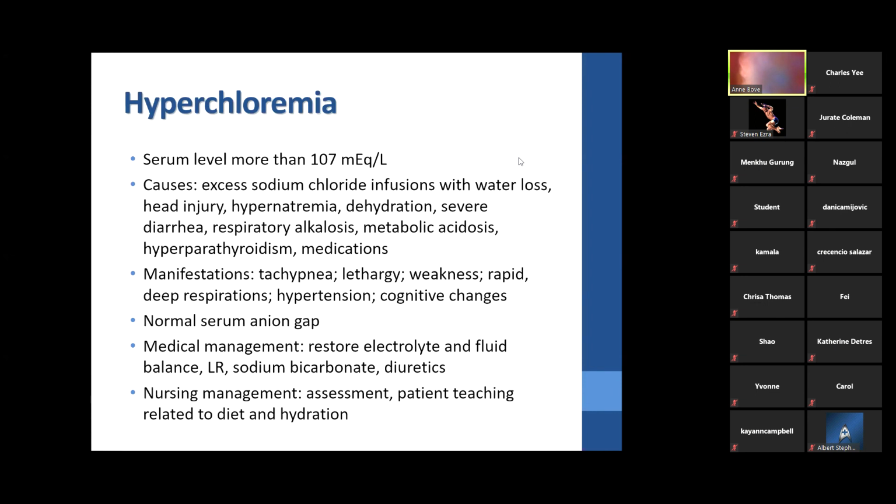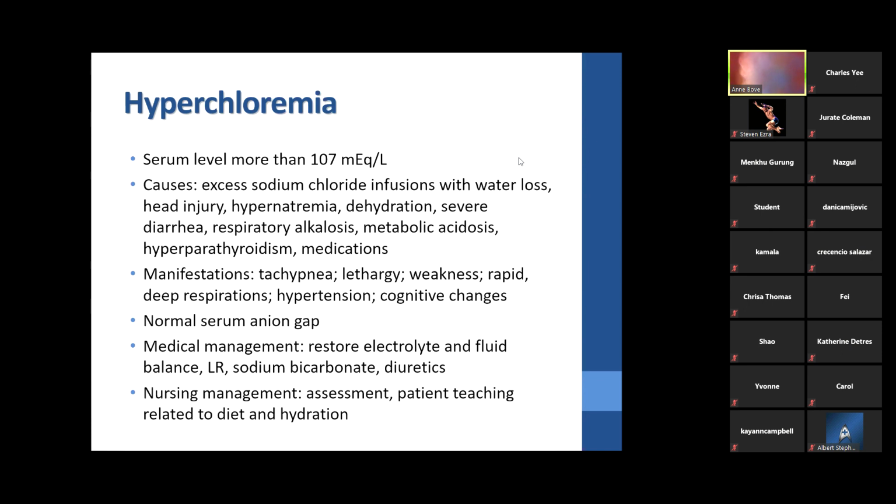Hyperchloremia is when your serum level is above 107. When you have too much sodium chloride administered, when you're hypernatremic, when you're dehydrated, all of those things kind of go hand in hand with each other. Some of the manifestations could be tachypnea, lethargy.